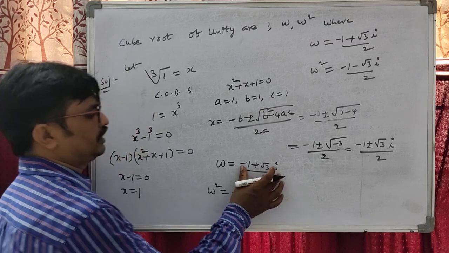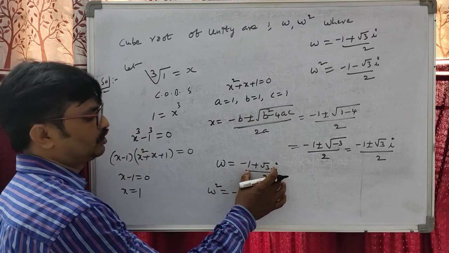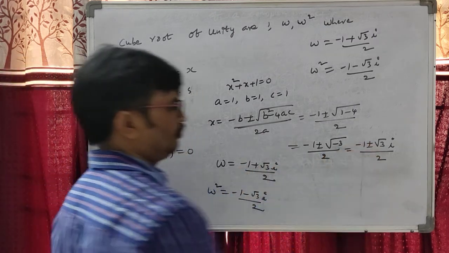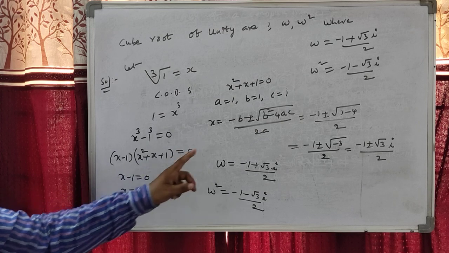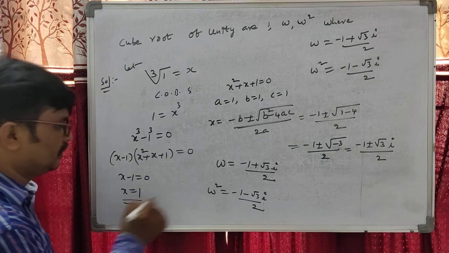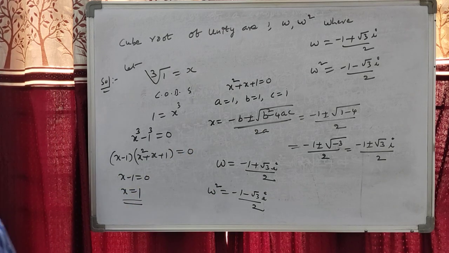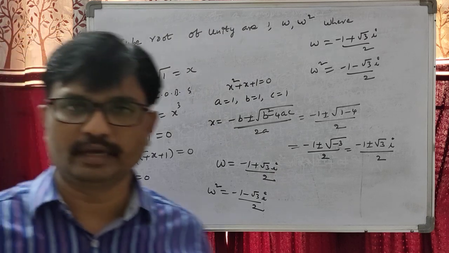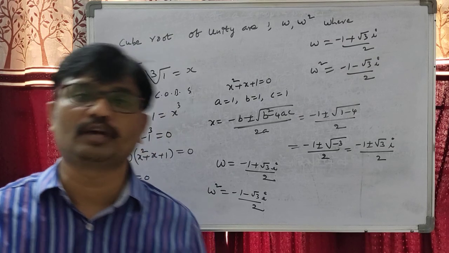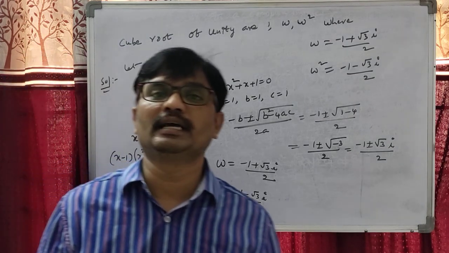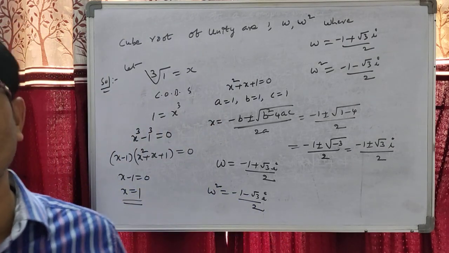Just check, students, squaring on both sides we get the second root, minus 1 minus root 3 i by 2. That's why we take 1, omega, omega squared: x equals 1, x equals omega, and x equals omega squared. 1, omega, omega squared are called the cube roots of unity. Omega is minus 1 plus root 3 i by 2.